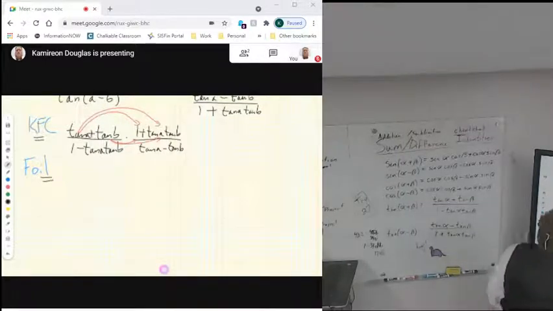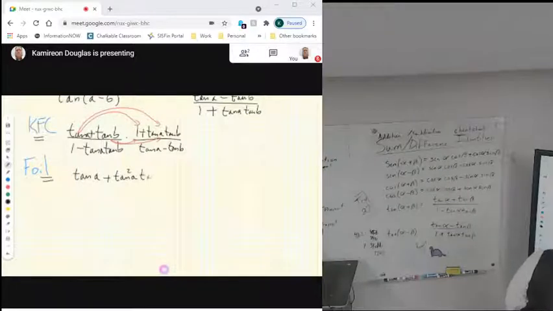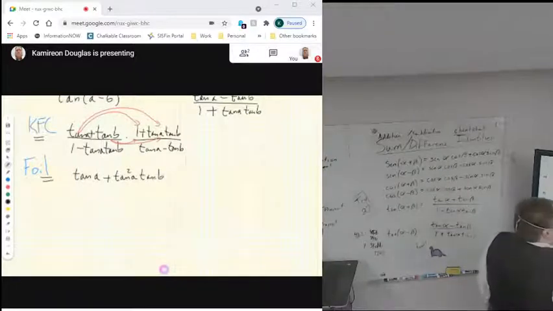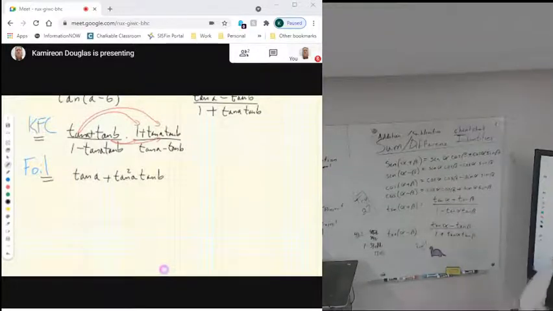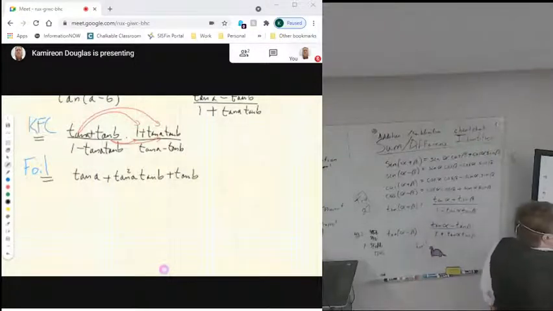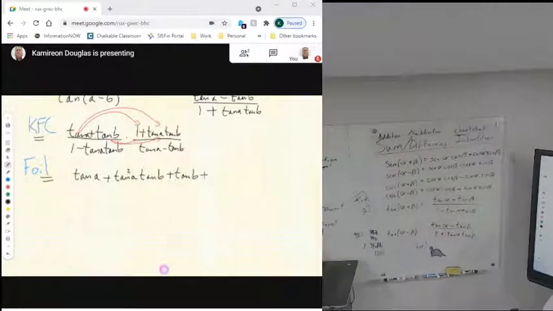On top, tangent of A times 1 is tangent of A. Plus, tangent of A times tangent A tangent B is tangent A squared tangent B. Tangent of B times 1 is just tangent of B. Tangent of B times tangent A tangent B is tangent A tangent B squared.